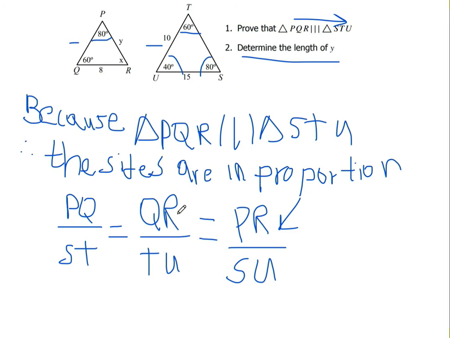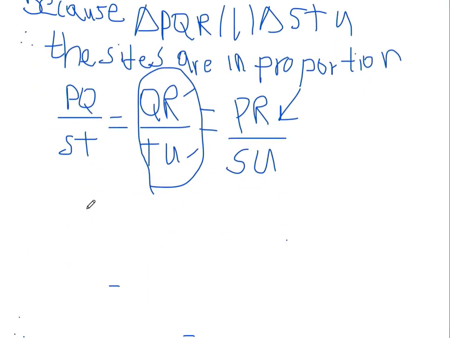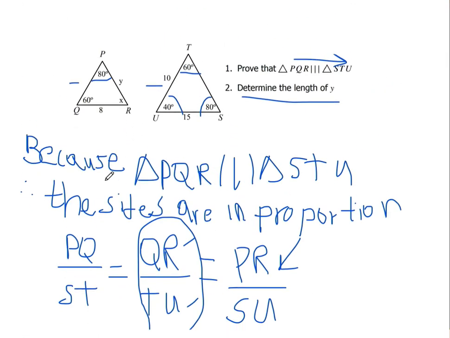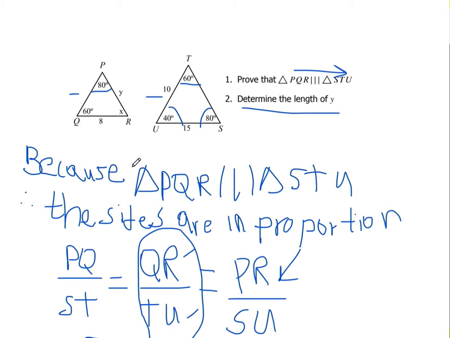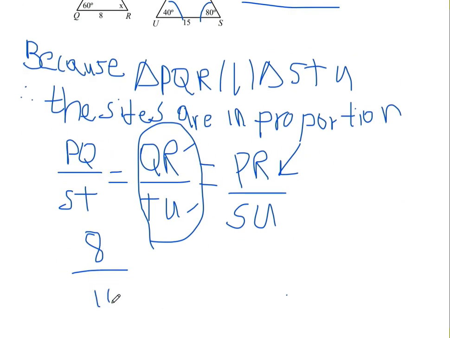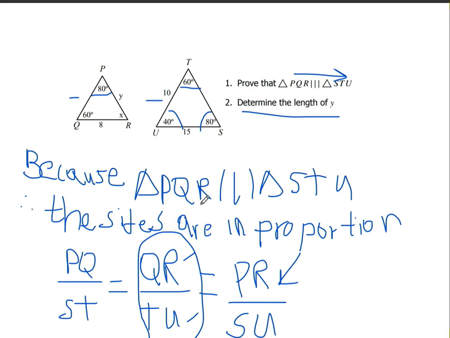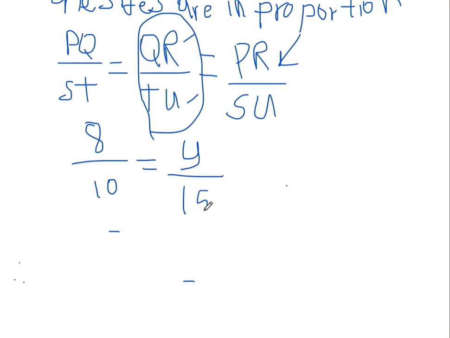So we substitute QR over TU, which is 8 over 10, is equal to y for PR over SU. SU has been given to us as 15. You realize that this is just an equation with one unknown, so you can just solve.